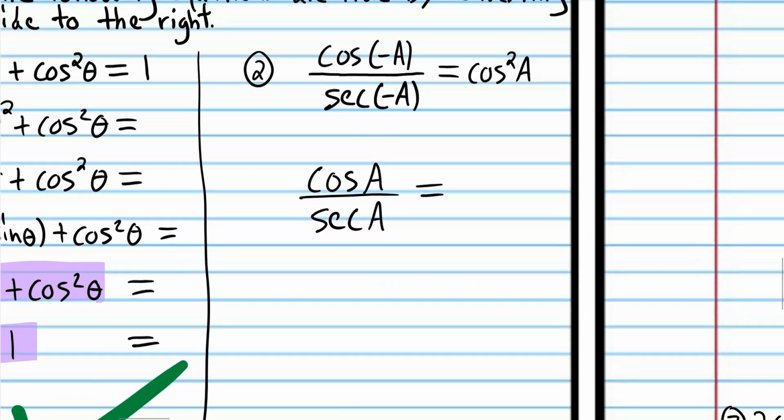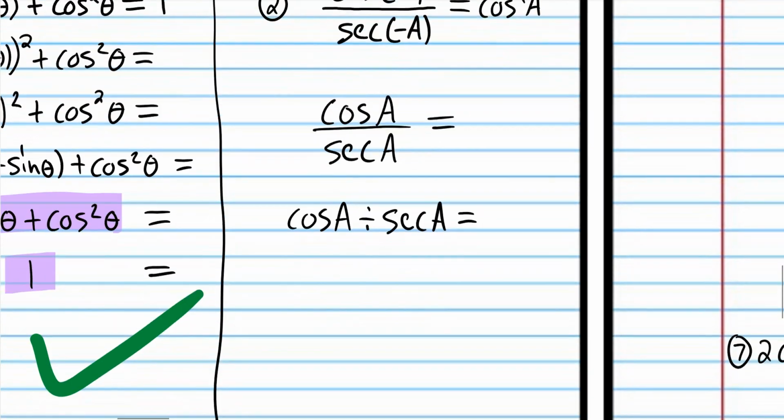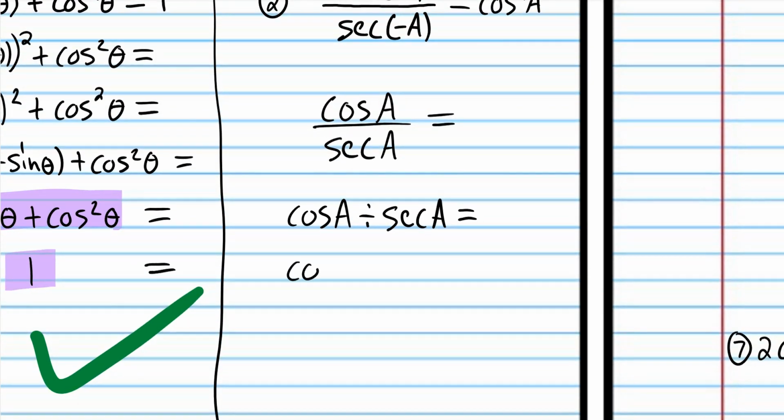So now I'm going to change this to the old style division, and I'm then going to change secant to 1 over cosine. So that was a reciprocal identity.